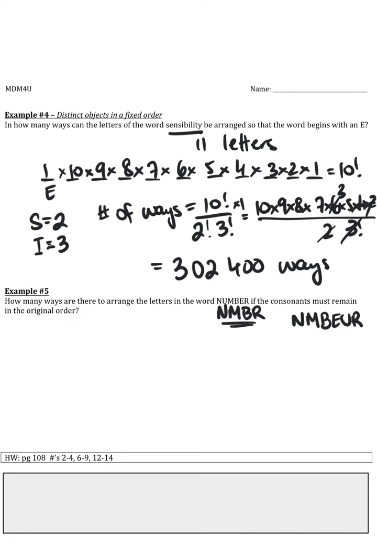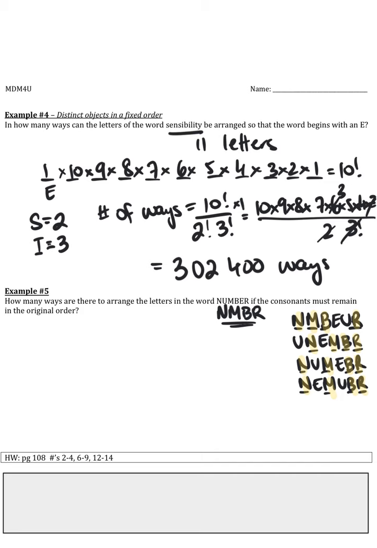So notice NMBR are still in the same order. Or UNEMBR, or NUMEBR, or NEMUBR. And all of these, you can see that NMBR are in that order. It's just you can populate the rest of the positions with the vowels.